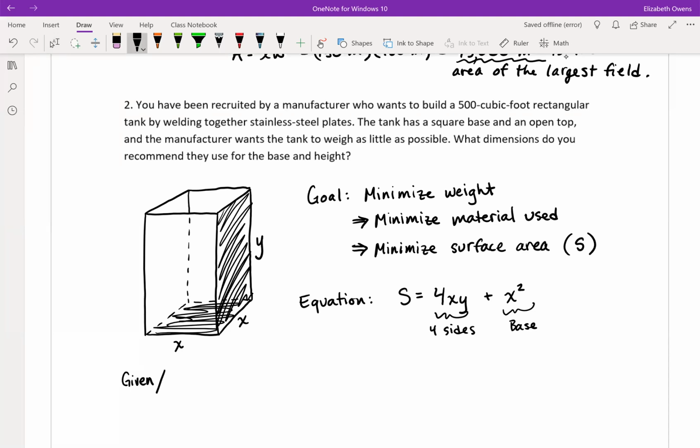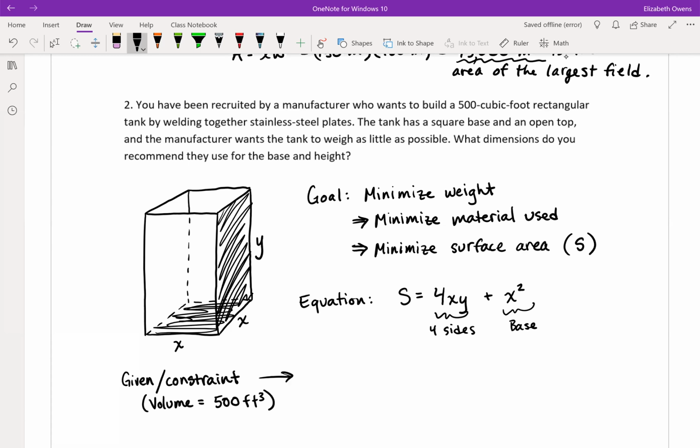So that's our constraint equation. So our given information, the constraint to this problem, is the volume of the tank is 500 cubic feet.